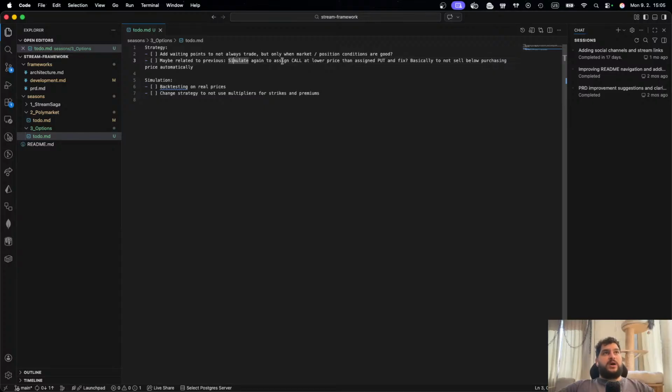Simulate again to assign call at a lower price than assigned put, and fix. Question mark means it needs investigation, basically to not sell below purchasing price automatically. So this is what our rule should be. Like in market making, for example, we had a problem that we were not able to maintain our market neutrality, and we wanted to. And here we actually don't plan to be market neutral all the time.